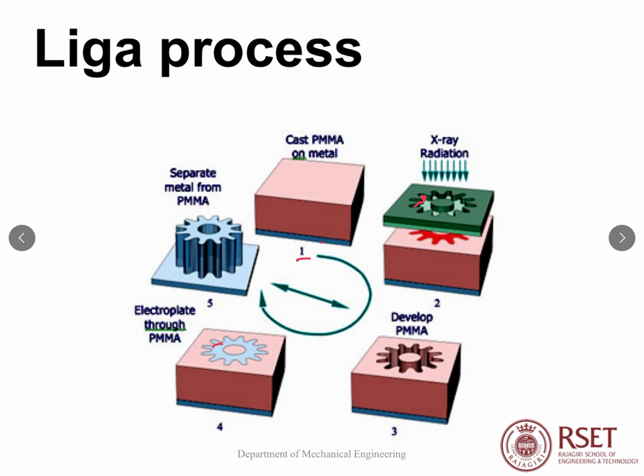In the region where X-rays fall, decomposition takes place, and we get a cavity of the required shape. Then we perform electroplating on this PMMA surface, so we get the material inside. Then we remove or separate the PMMA by some chemical treatment. Finally, we have the final product.